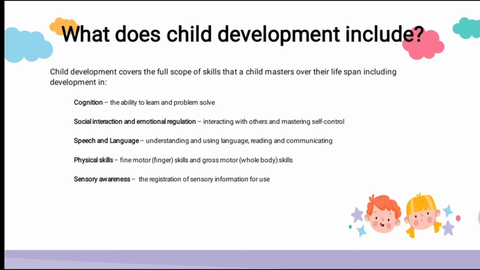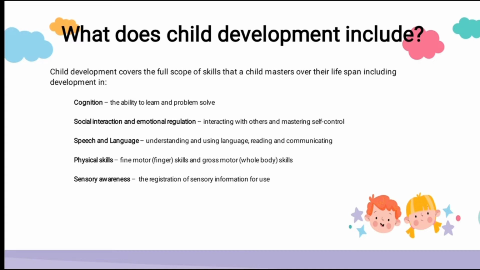Social interaction and emotional regulation refer to the interaction of the child with others and having self-control. And speech and language is the child's understanding and use of language in reading and communicating.